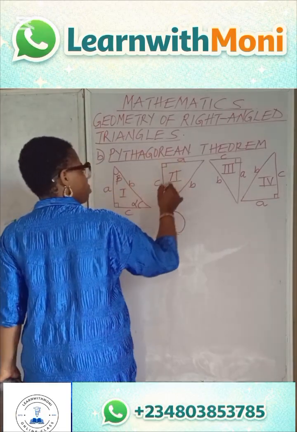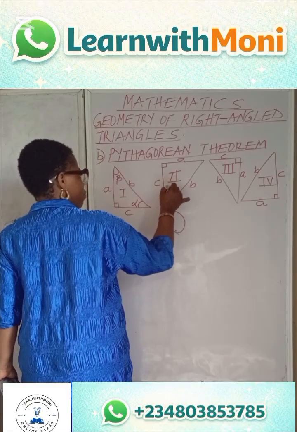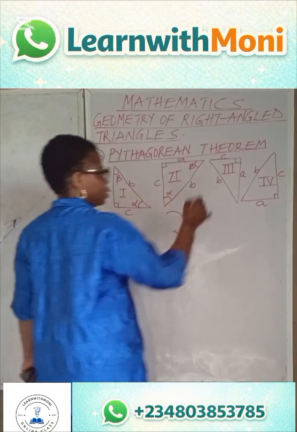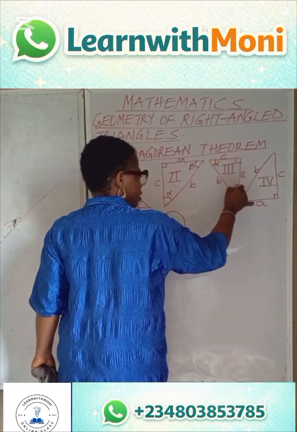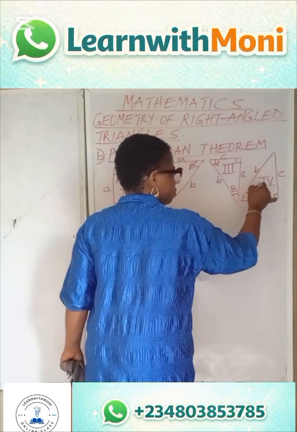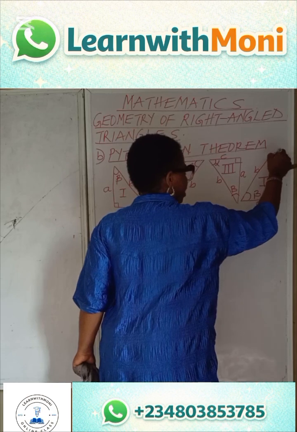That means I'm going to be having this as my alpha and this as my beta. This is my alpha and this is beta. This is beta and this is alpha.